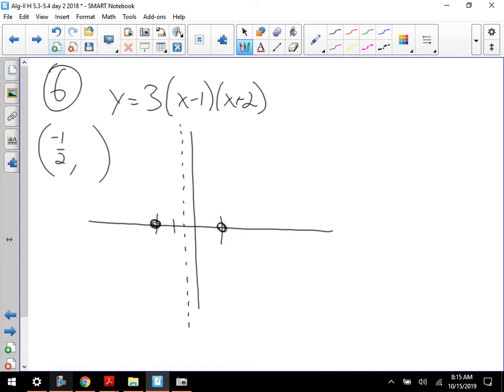Well, what's negative 1/2 subtract 1? Negative 3/2, right? Negative 1/2 plus 2 would be positive 3/2. We okay with that?